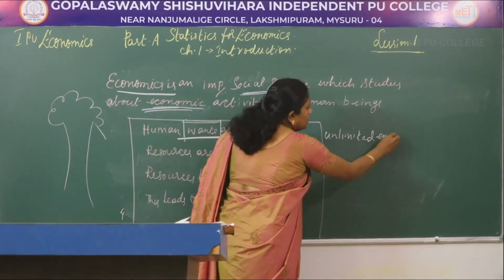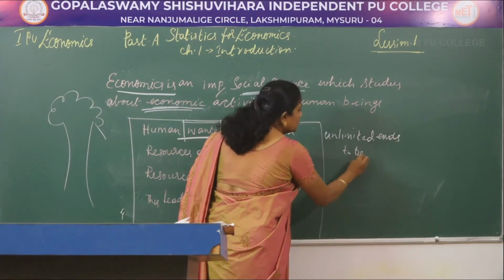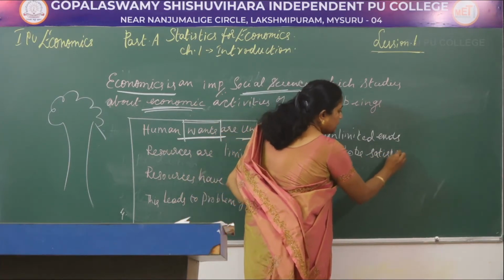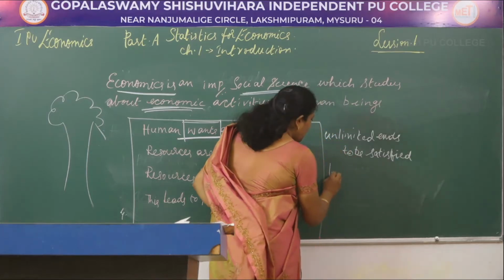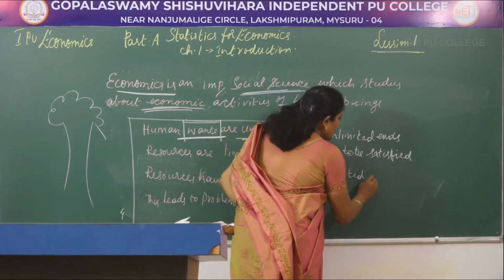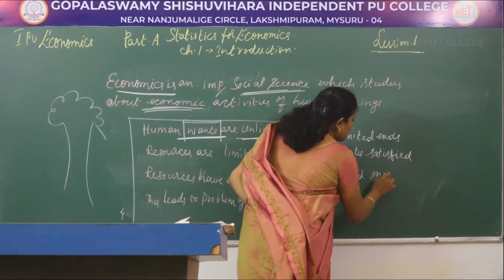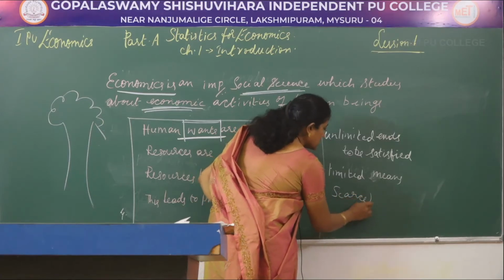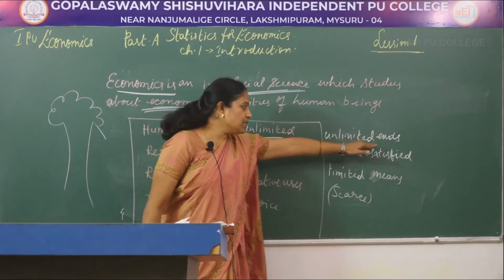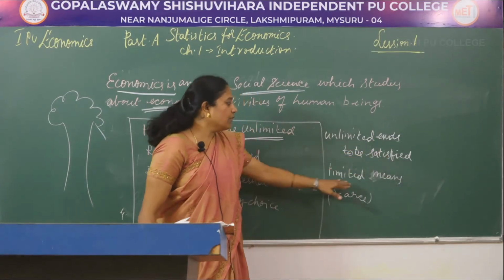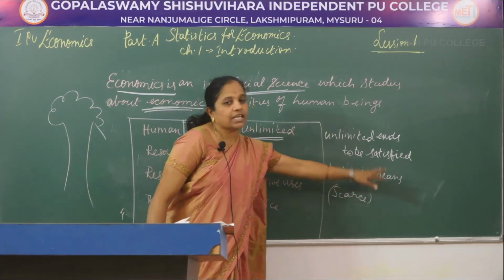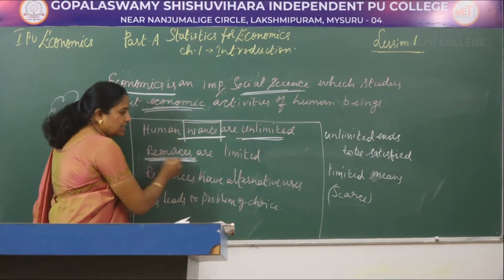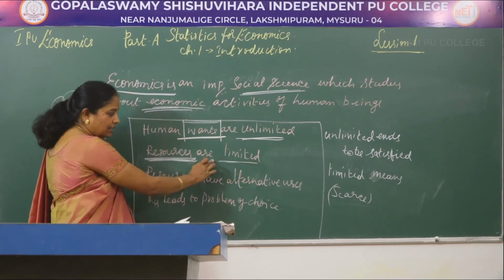So we have unlimited ends to be satisfied. These unlimited ends are to be satisfied with limited resources or limited means, or you can even call this scarce means, because the resources that are available are limited.